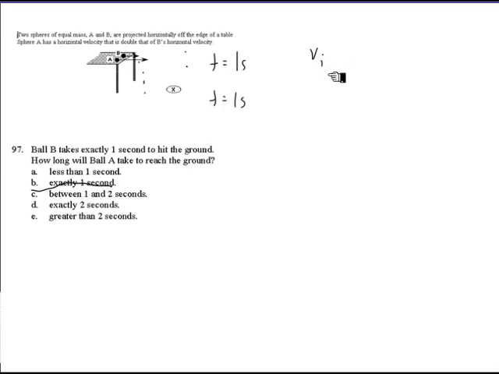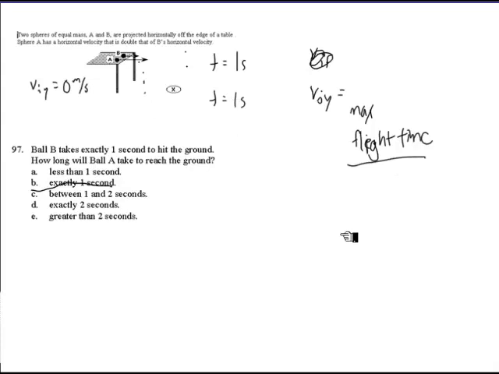The simplest way is that if the y velocity determines max height and flight time given the same initial position, which they have, then they have the same initial y velocity. Not the same initial velocity, but the same initial y velocity. They both have an initial y velocity of 0, so they must have the same flight time.